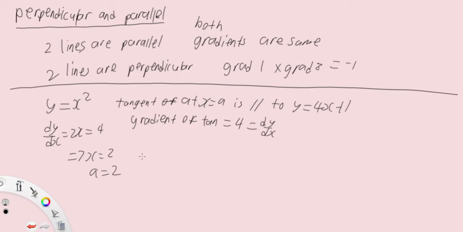If I change the question to, let's say, keeping the same graph, y equals x squared, the tangent at x equals to b is now perpendicular to, let's say, the line y equals to 3x plus 6.